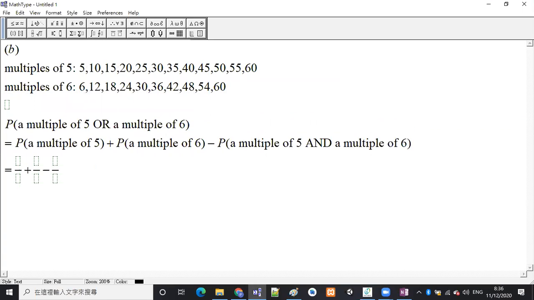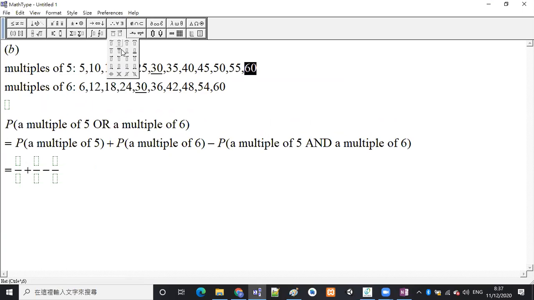What are the numbers that are multiples of 5 and also multiples of 6? That will be a multiple of 30, the common multiples: 30 and also 60.